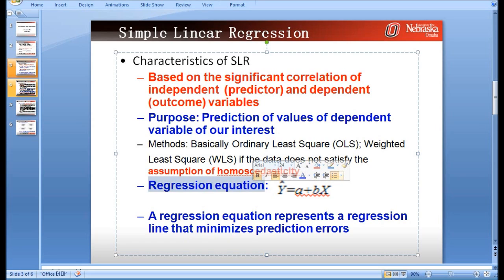X here is the actual x value we are gonna input to calculate the predicted value of y. Y hat is not the actual value of the dependent variable. This is the predicted, expected value of the dependent variable.